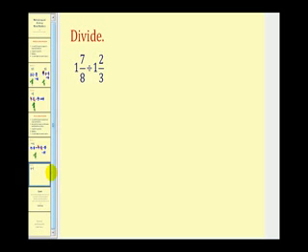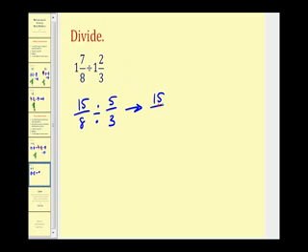Here we have 1 and 7/8 divided by 1 and 2/3. Converting these to improper fractions, we'd have 8 times 1 plus 7, that's 15/8, divided by 3 times 1 plus 2, that'd be 5/3. Now we need to rewrite this as a multiplication problem.